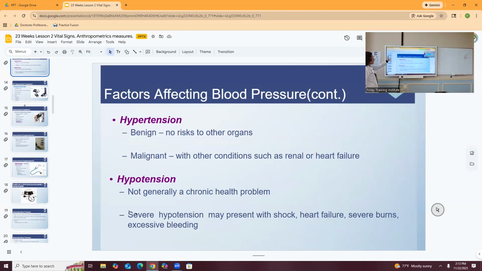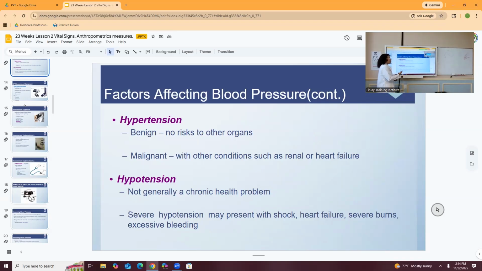But in the case of severe hypotension, when the hypotension gets significant in the clinic, it is part of a sign of shock. For example, a patient that is really sick with high fever and is hypotensive is probably getting into septic shock, meaning that the infection is all over the body. Heart failure: patients with hypotension, chest pain, irregular heartbeat, difficulty breathing, we have to think that the heart is failing, okay?